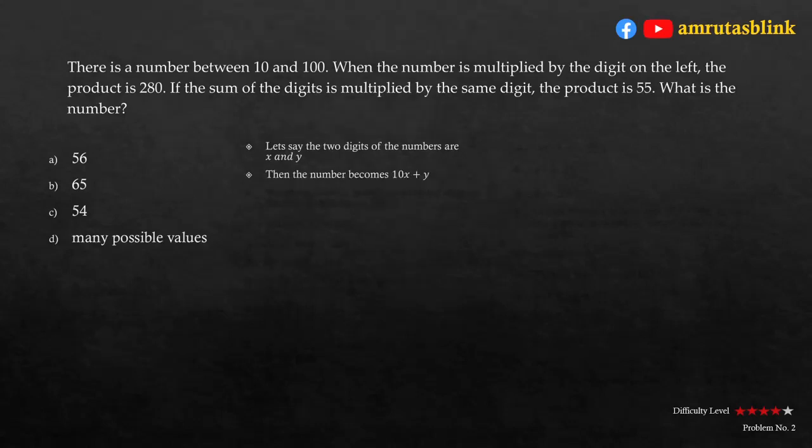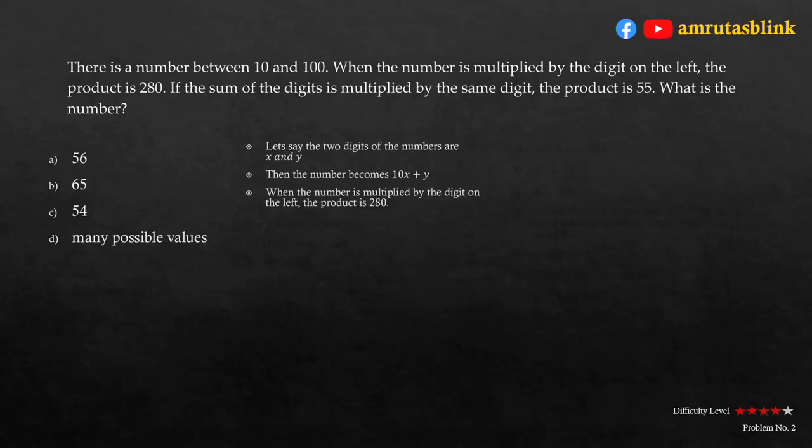Hence, when the digits are x and y, your number will become 10x plus y. Now as the number is between 10 and 100, it is a 2-digit number, and hence we assumed the digits of the number as x and y.